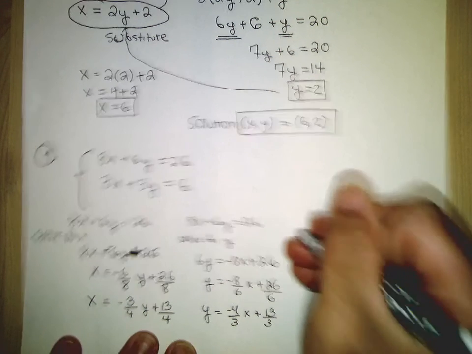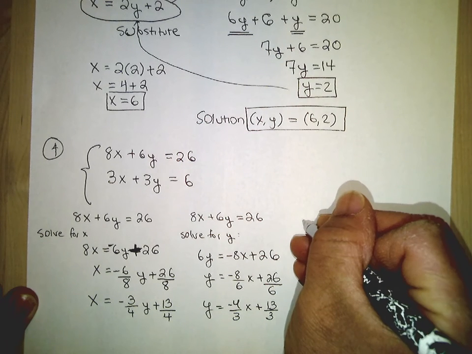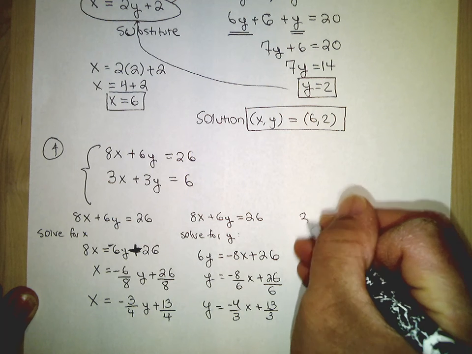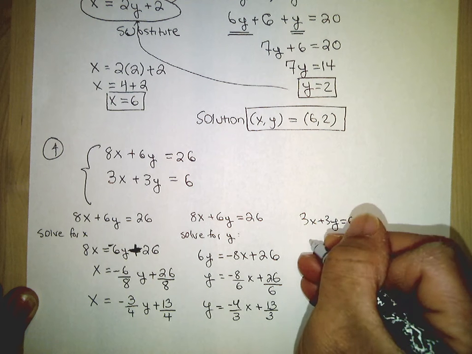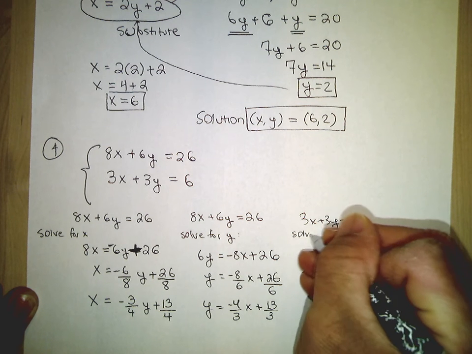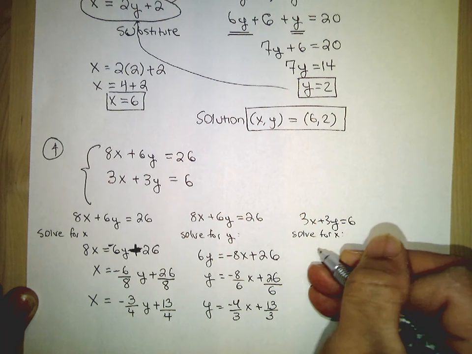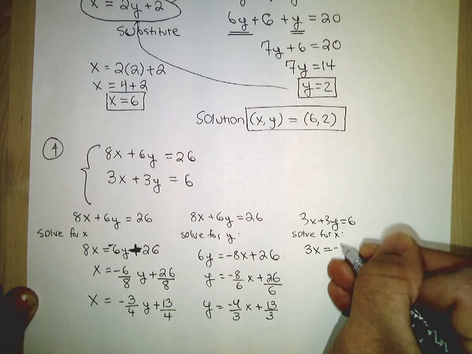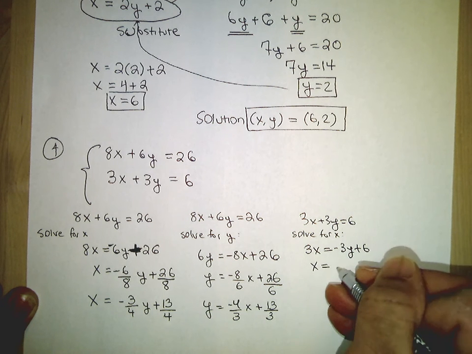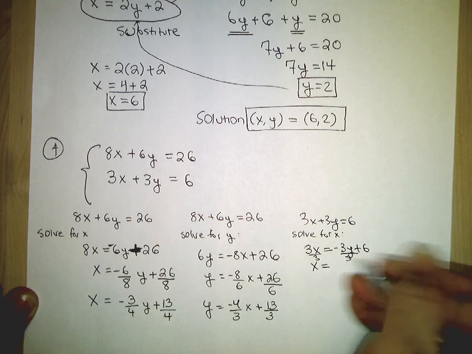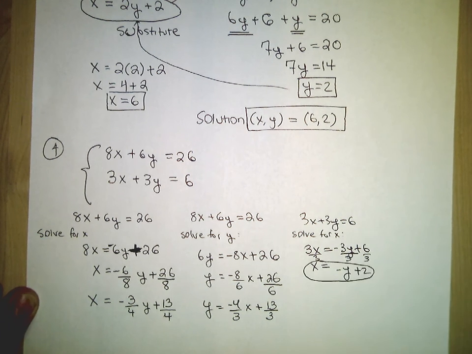I still get fractions, so maybe I could use this equation. 3x plus 3y is 6, and I solve for x. All right, so I can subtract the 3y, so 3x is negative 3y plus 6, divide by 3. So x is going to be negative y plus 2. Now I don't get fractions.